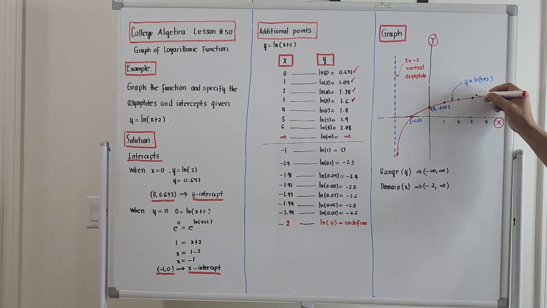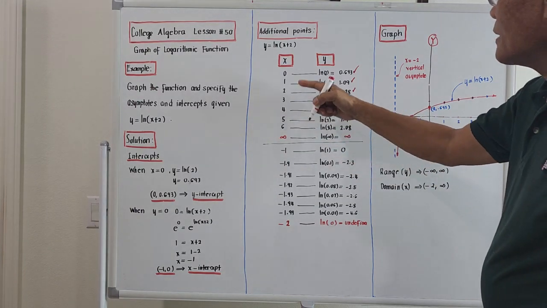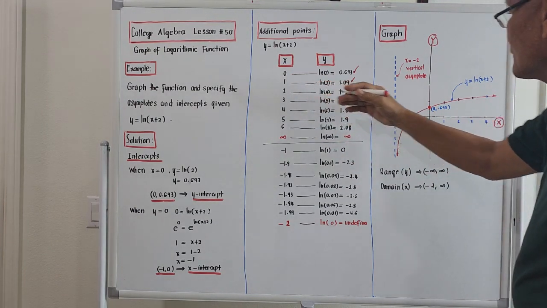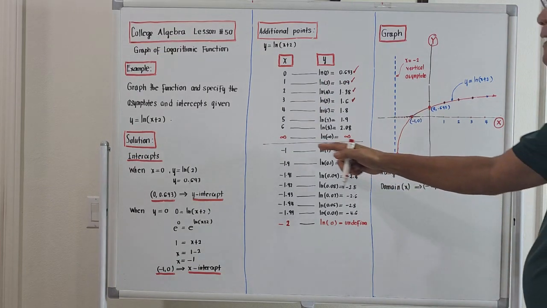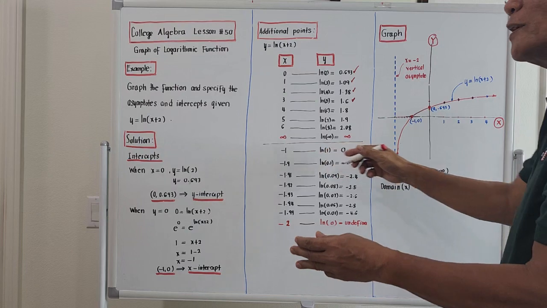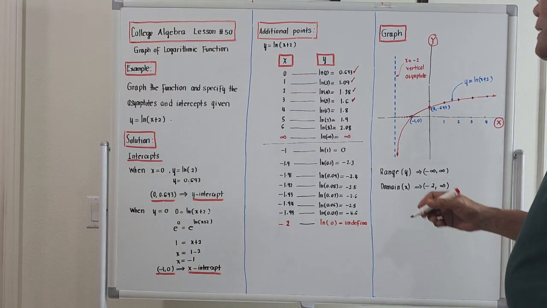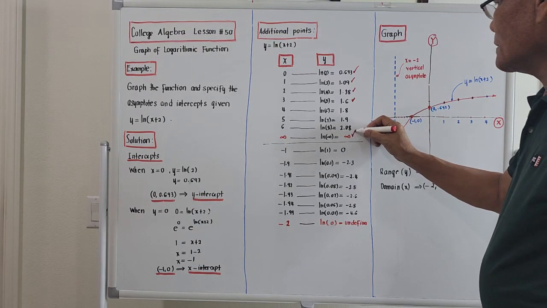This is 1.6. So if you notice, as we increase the value of x from 0 going to the right, meaning going to infinity, it's going to the biggest value possible. What will be the possible value of y? It will also approach infinity.